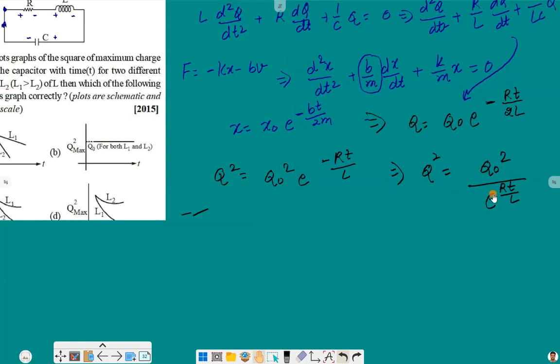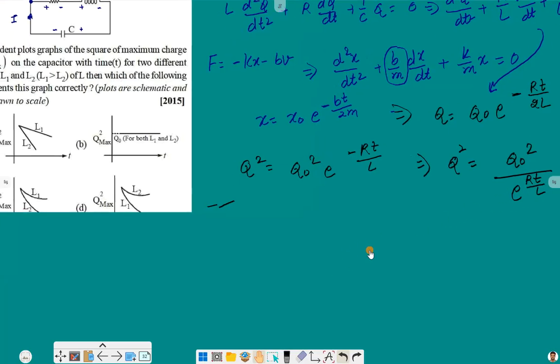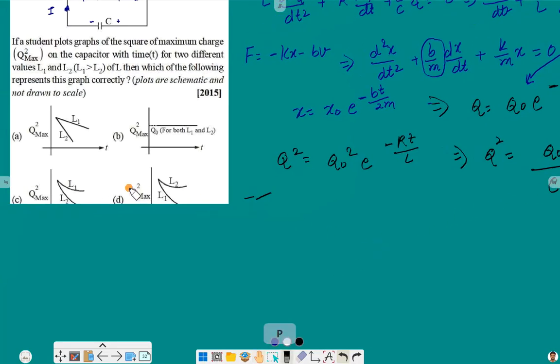The downfall should be exponential because we have an exponential term here. So option A is rejected and option B is rejected. Now coming to options C and D, in one L1 is falling faster and in C L2 is falling faster. Now we know that L1 is greater than L2.